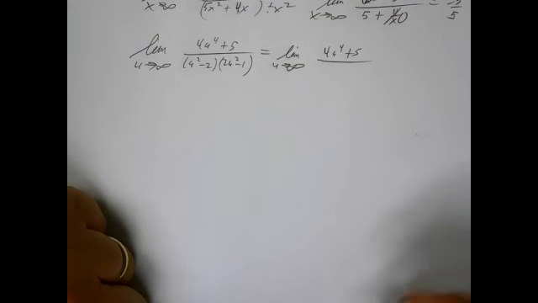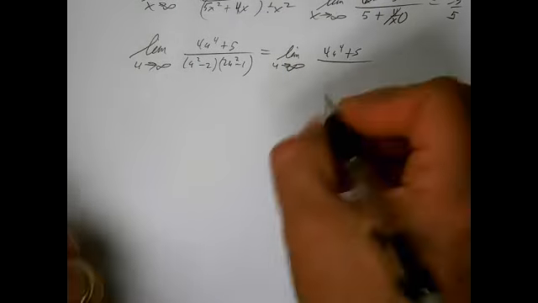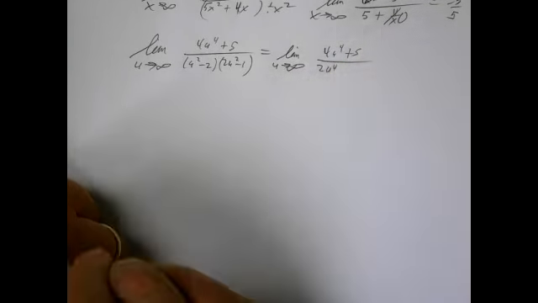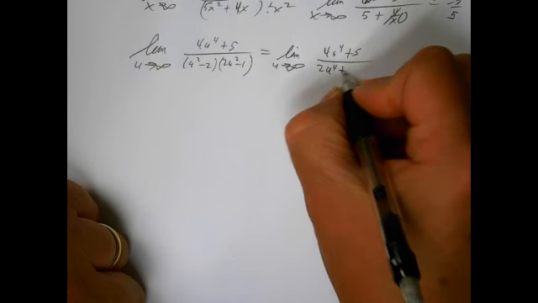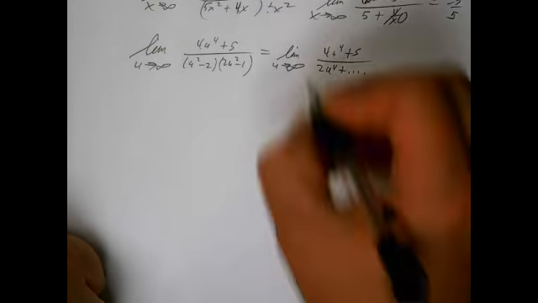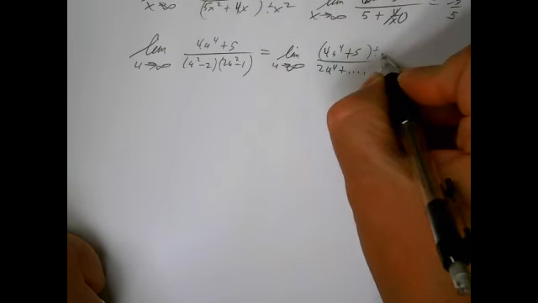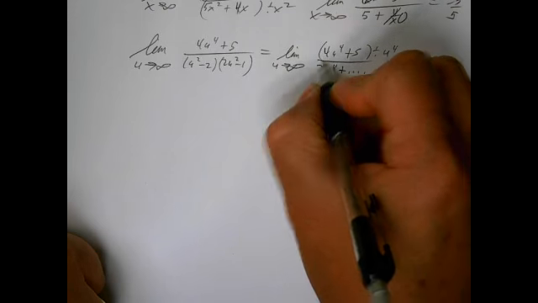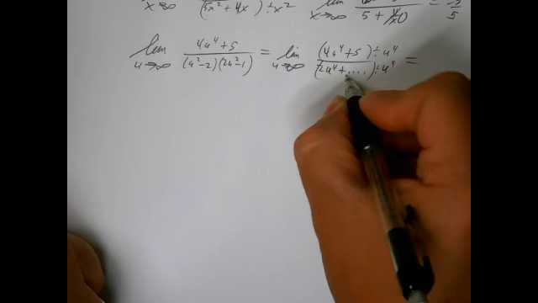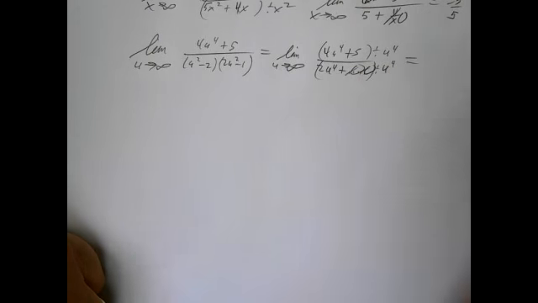But in the denominator, if you multiply that out, your very first term is going to be a 2u to the 4th. All the other terms are going to be of lower powers, so guess what? They don't matter. When I divide top and bottom by u to the 4th, all these other terms are going to turn into zeros.